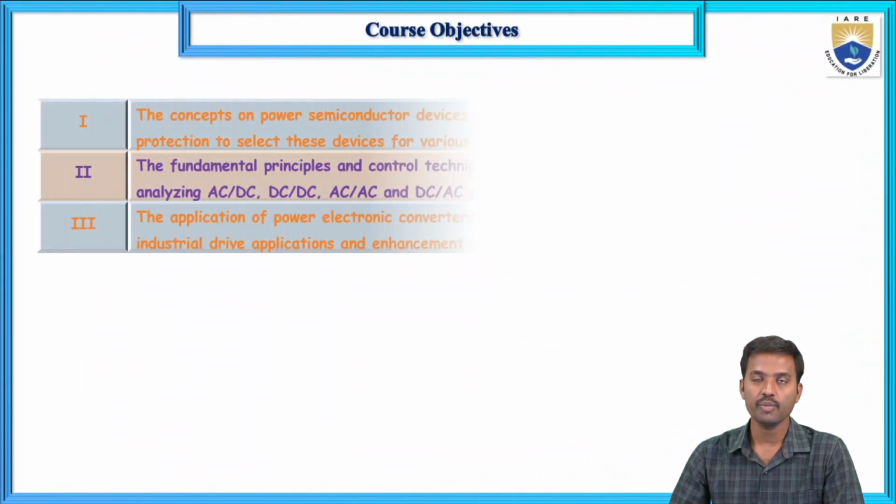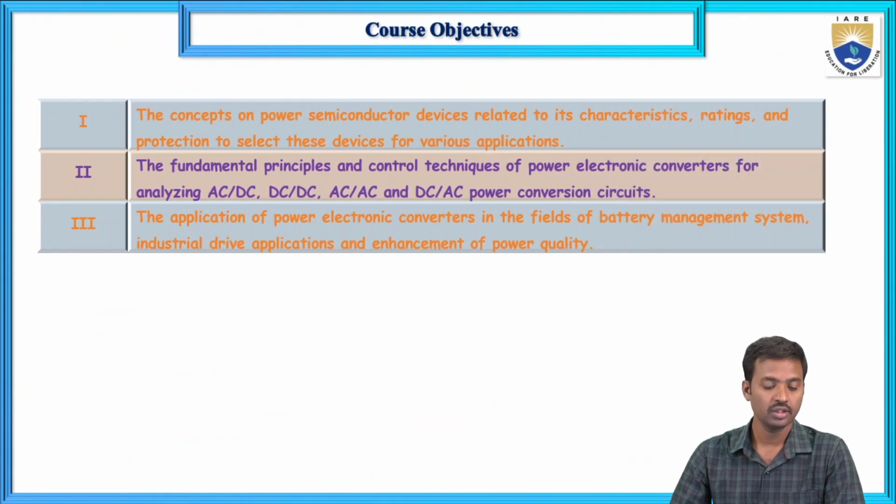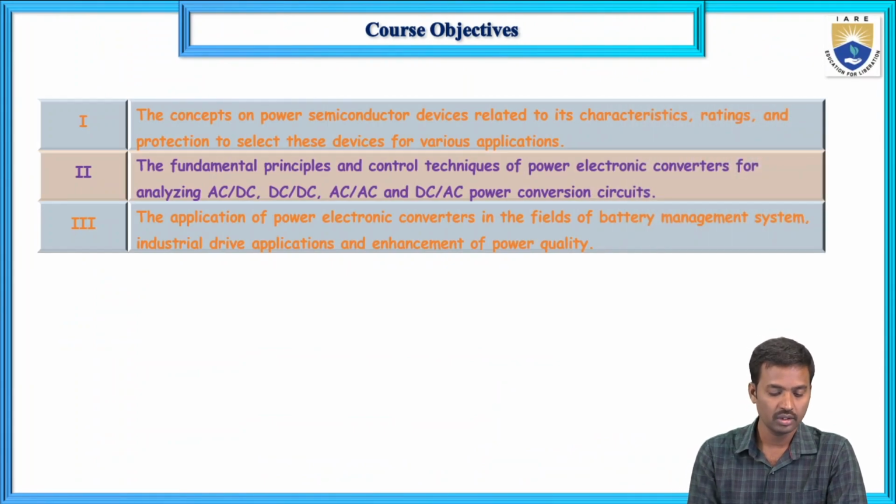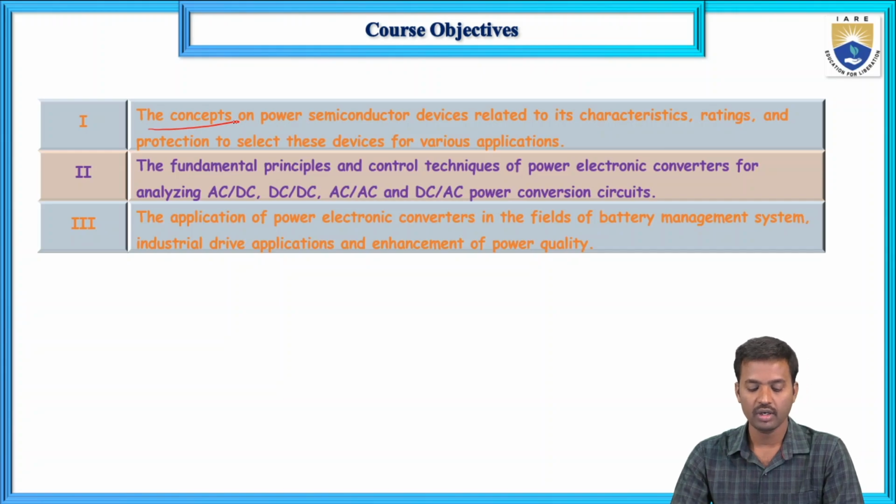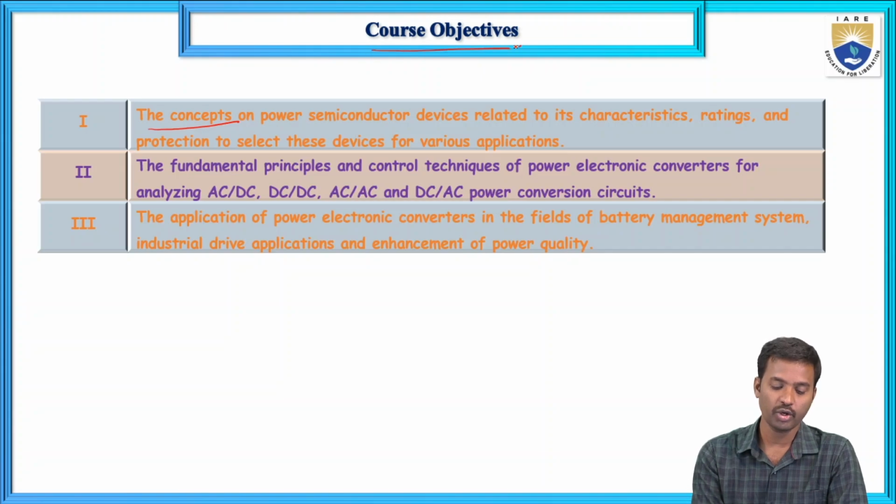Next, course objectives. Students will learn the concepts of power semiconductor devices related to their characteristics, rating, and protection, to select these devices for various applications. This is objective number 1.